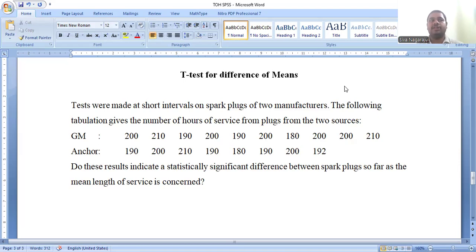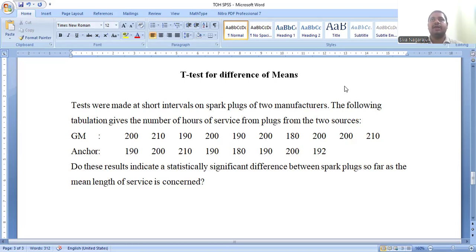I wanted to verify two brands of plugs. Two brands of plugs have been given here, and we are going to identify their compatibility and how long they can work.